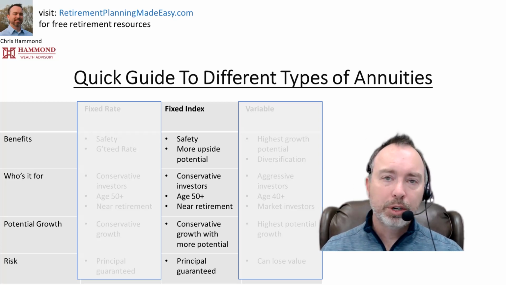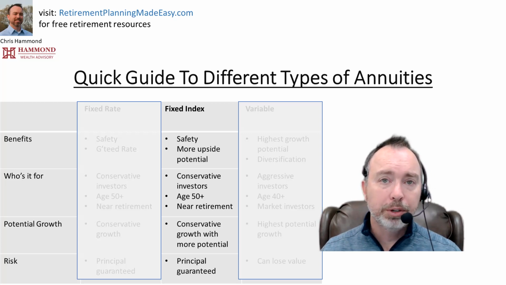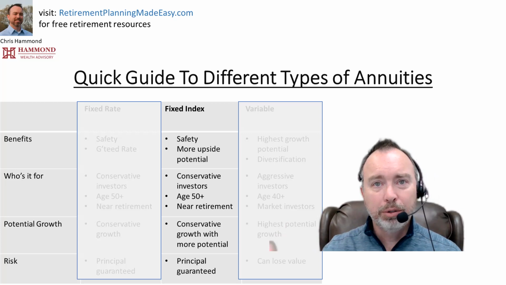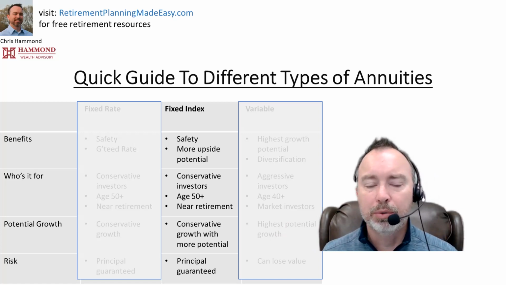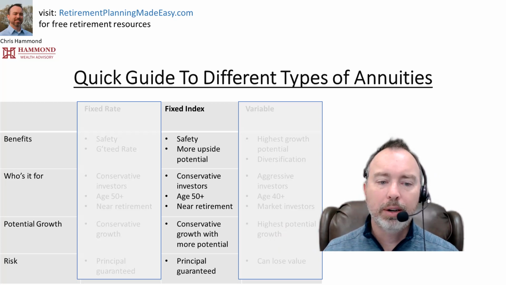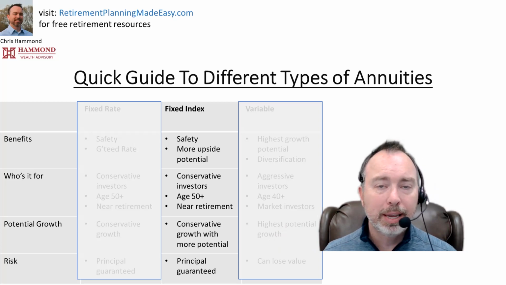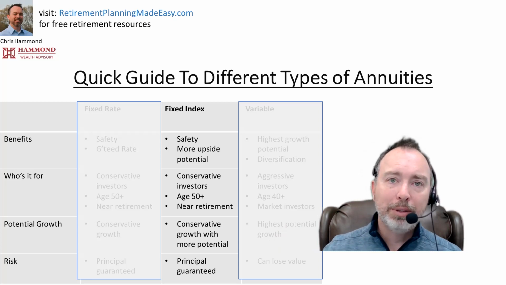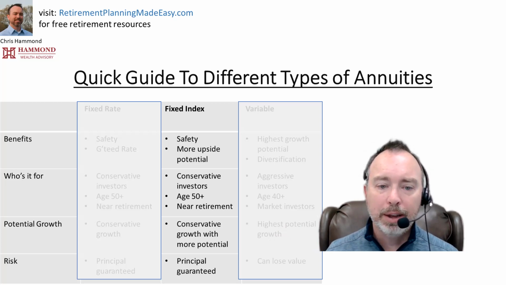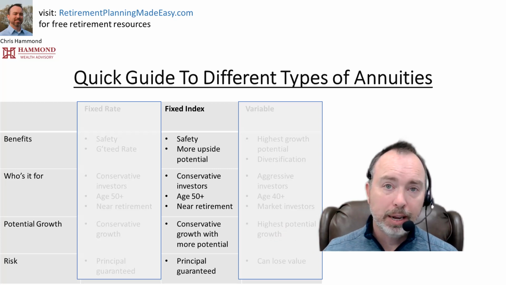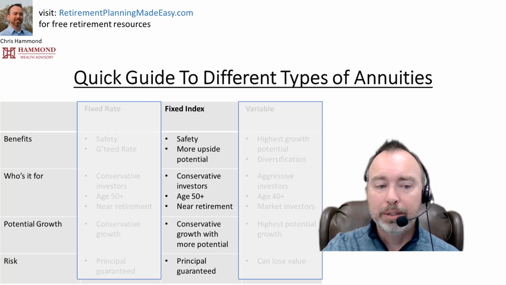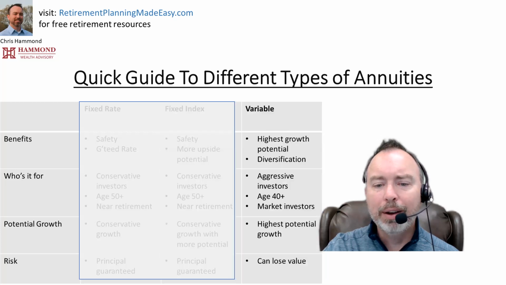This is for the more conservative portion of your portfolio, or if you're just a conservative investor, you don't like a lot of the market risk, you don't like losing money because it worries you, then this is really what these are aimed at for people like that. The risk for these: the principal is guaranteed. So whatever happens in the market, even if it goes down, your principal does not go down on these. So that's the level of risk on those, which is really low.